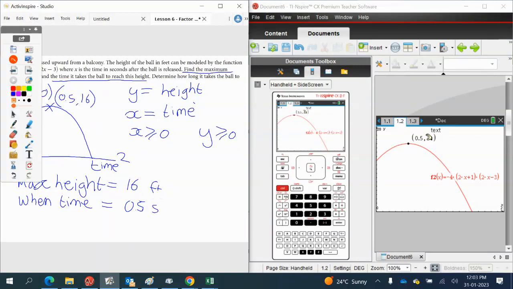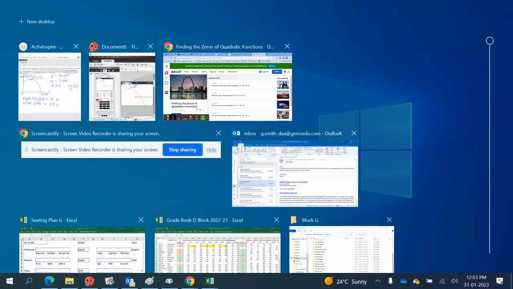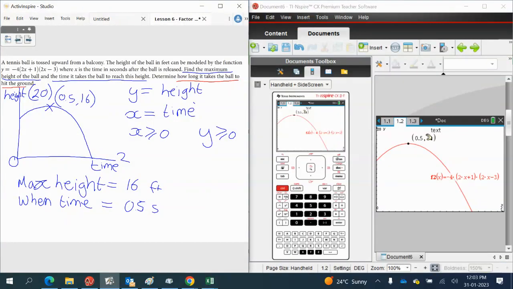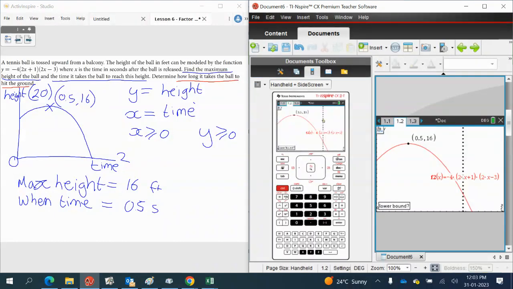Lastly, there's one more question. Determine how long it takes for the ball to hit the ground. Where do we find that on the graph? When it hits the ground, how high is it? 0. So we need to find the zeros. Menu, analyze graph, zero.